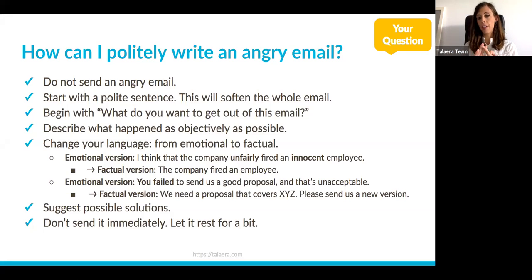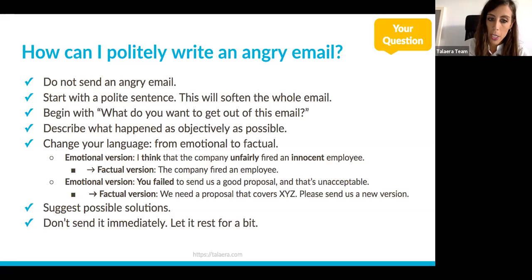Unfairly and innocent can be argued, can be discussed. You think so, but maybe other people don't. For you it's unfair, but for other people it could be fair. So the factual or objective version would be, "The company fired an employee."